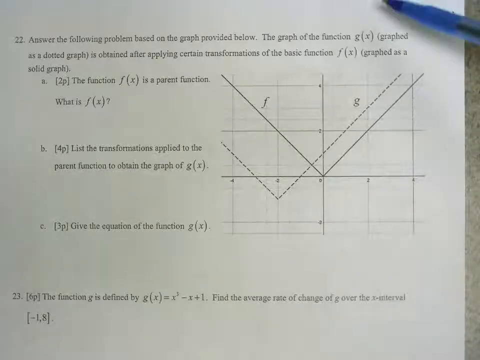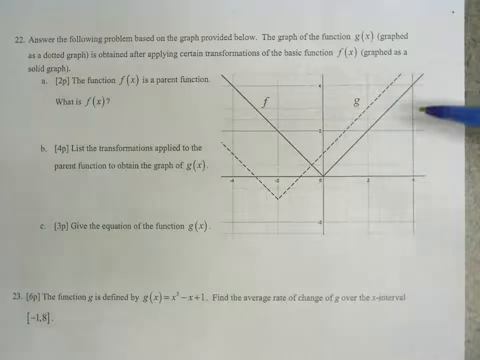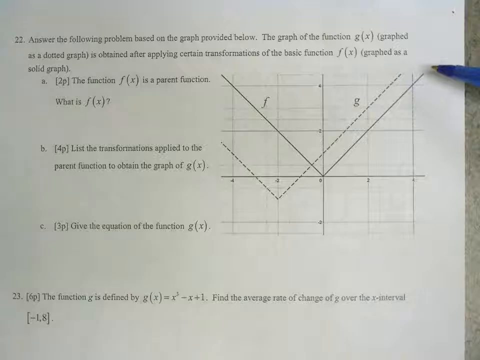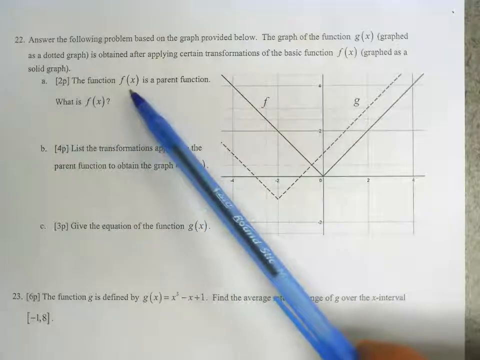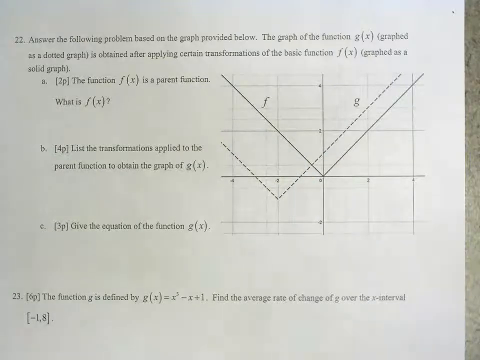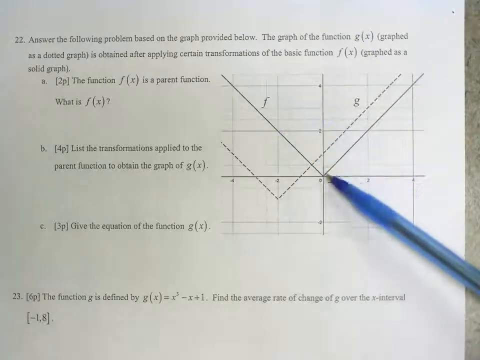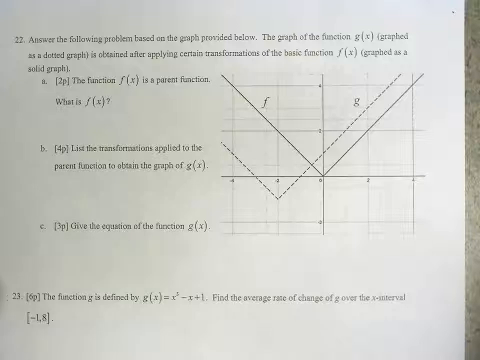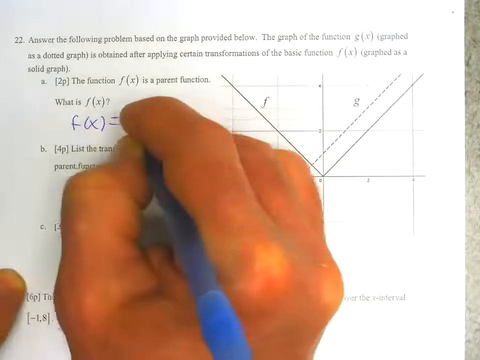The graph of the function g of x, graphed as a dotted graph, is obtained after applying certain transformations of the basic function f of x, graphed as a solid graph. And in part A, the function f of x is a parent function. So what is f of x? Well, this is pretty clearly the absolute value of x function. So f of x is the absolute value of x.